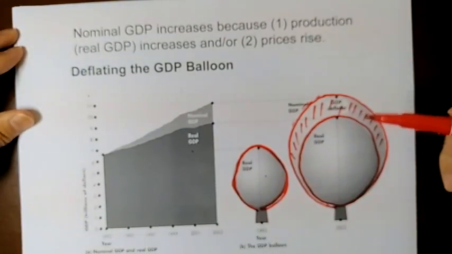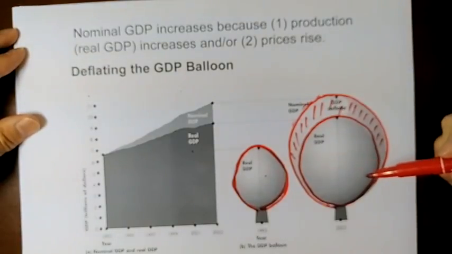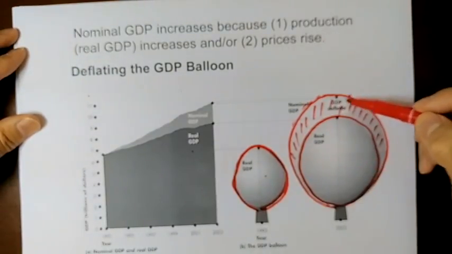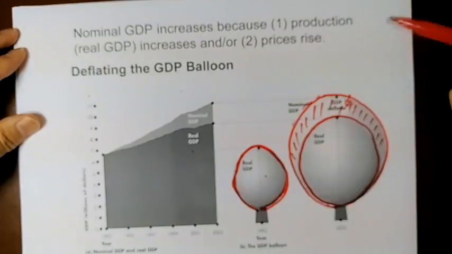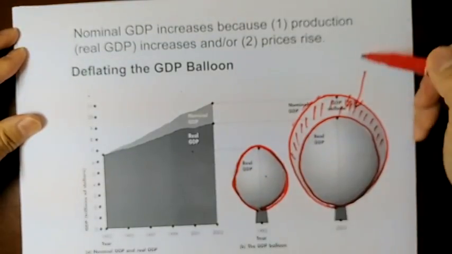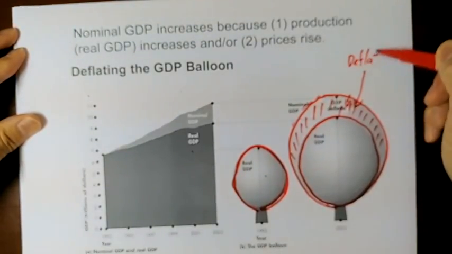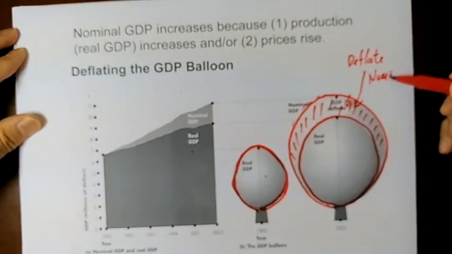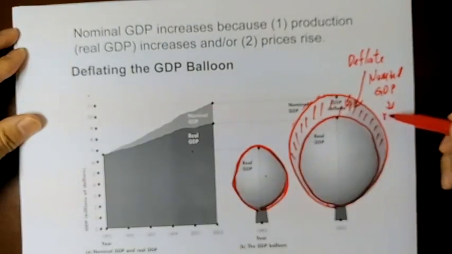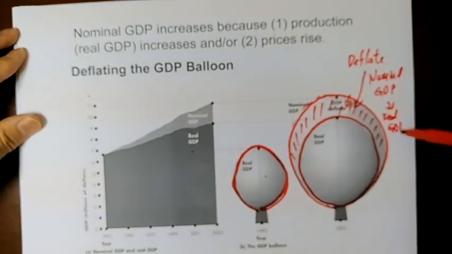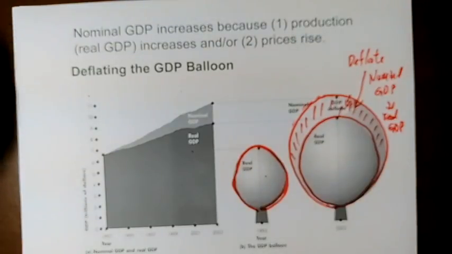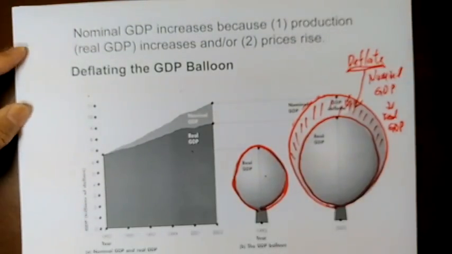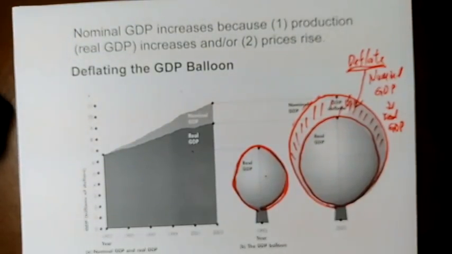If we want to measure the real production of the economy, we have to take this air out. So we have to deflate the nominal GDP balloon to get real GDP. That is why this measure of the price level is called the GDP deflator.